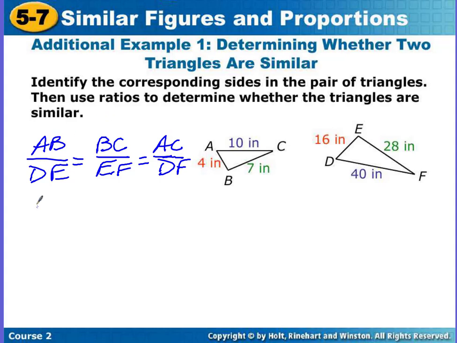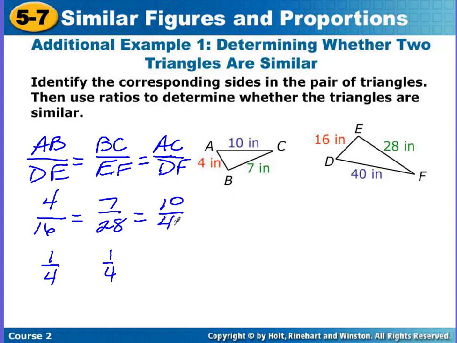So AB and DE are 4 over 16, which we know simplifies to 1/4. That should be equal to BC over EF, which is 7 over 28. And then 7 over 28 also simplifies to 1/4. And then the last one, AC and DF, AC is 10, DF is 40.